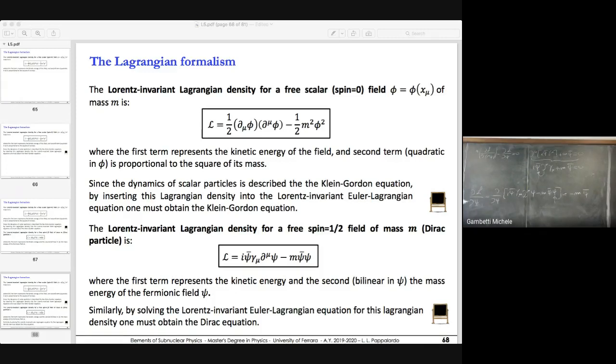And so finally this is nothing else than ψ̄ (i ∂_μ γ^μ plus m) equal to 0. That is, as you already see, the adjoint Dirac equation.